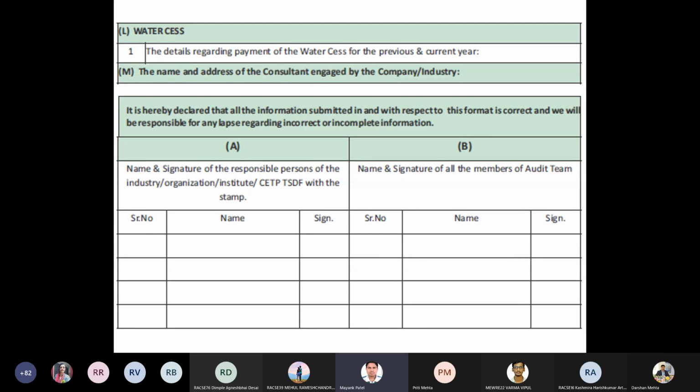Their name and sign is there, that they are declaring that the information submitted by them are correct and they are responsible for any lapse regarding the incorrect or incomplete information. Similarly, the members of audit team who have analyzed their samples, taken their samples, audited that company, the details thereof are there.